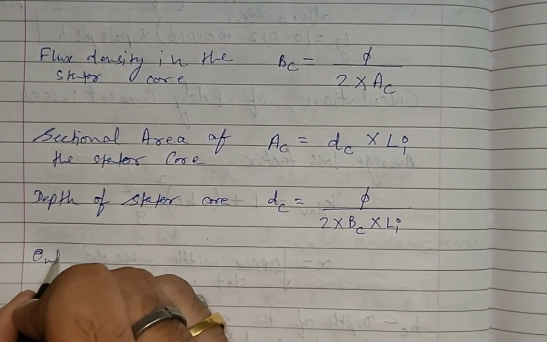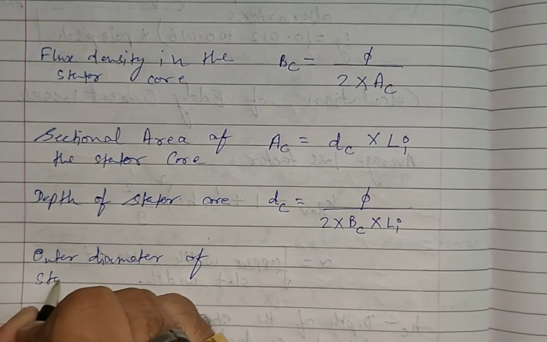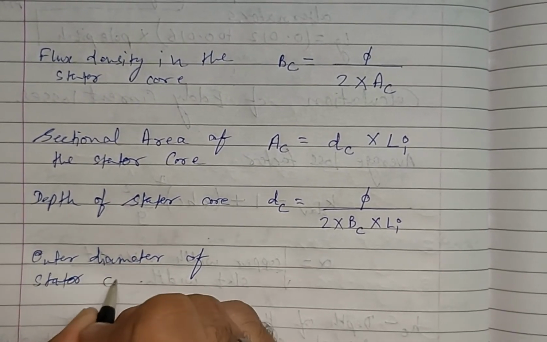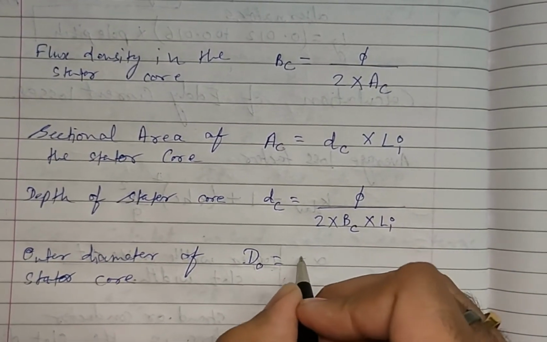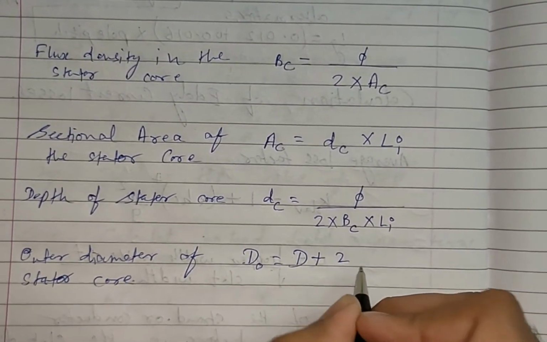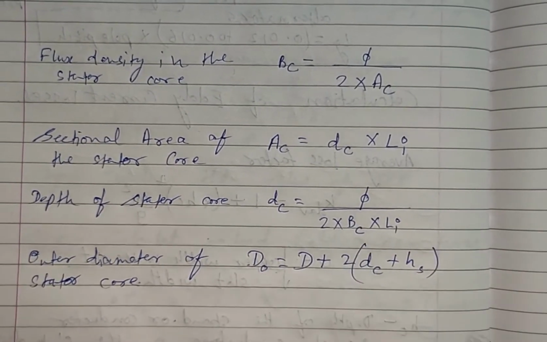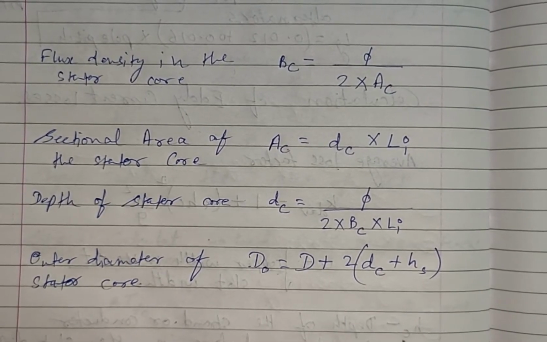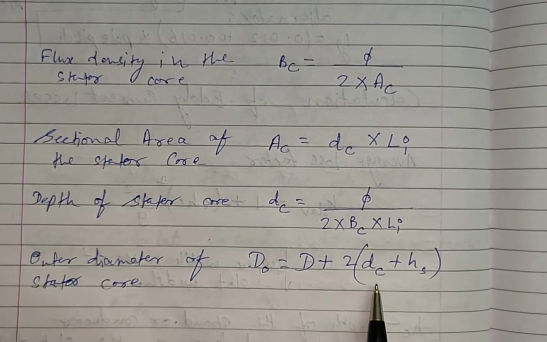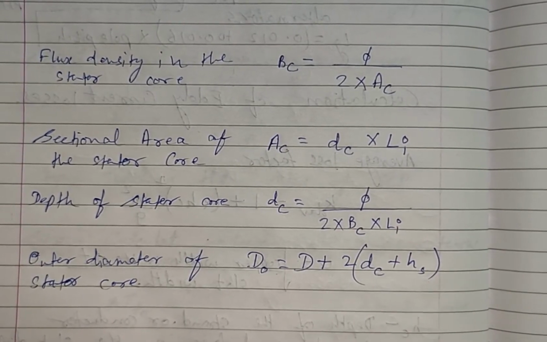So let us write outer diameter of stator core, which is given by capital D with a subscript of O, which is equal to capital D plus 2 into DC plus HS, where, as we know, capital D is the inner diameter of the stator core, small DC is the depth of the stator core, and HS is the height of the slot.